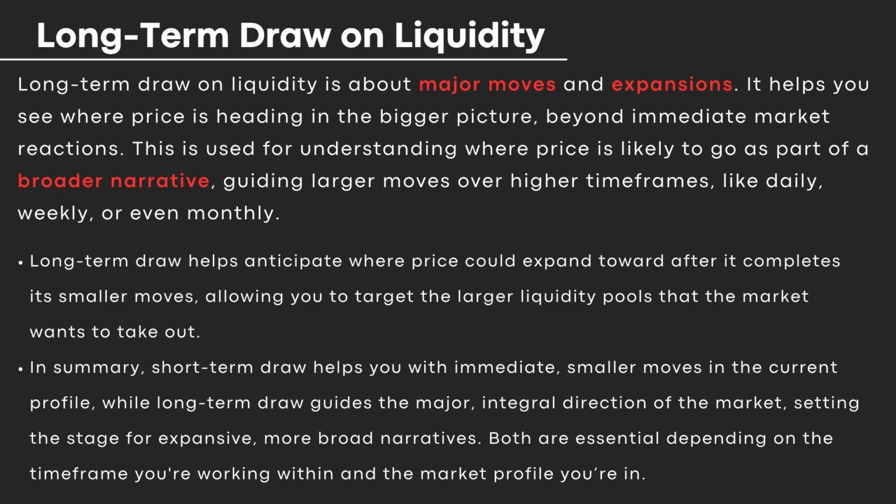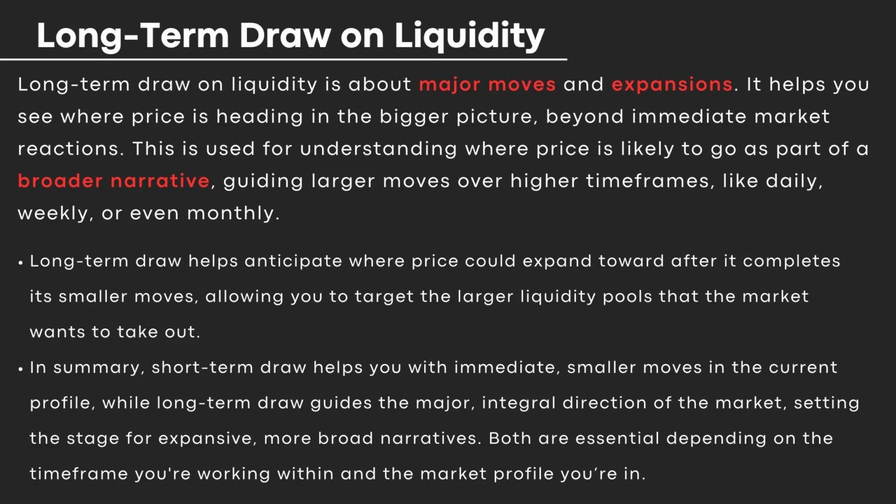Here is the summary. Short-term drawn liquidity helps you with immediate smaller moves in the current market profile, while long-term drawn liquidity guides you towards the major integral direction of the market and sets the tone and stage for major expansions and broader narratives.